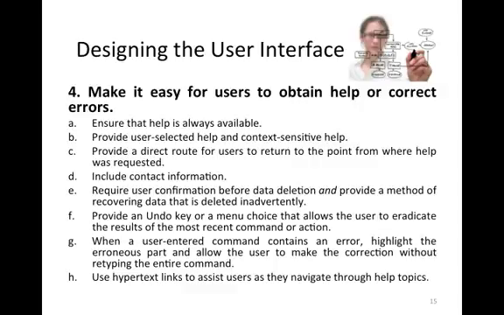Or that you have an error in a field, you fix it, you hit it again, the next field gets an error, and you fix that, and the next one gets an error. It's really terrific to get as much information with one click as possible. You hit an error, you should get all of the error messages back at once so they can be fixed, and so on. And of course, hyperlinks really helps people navigate through help.